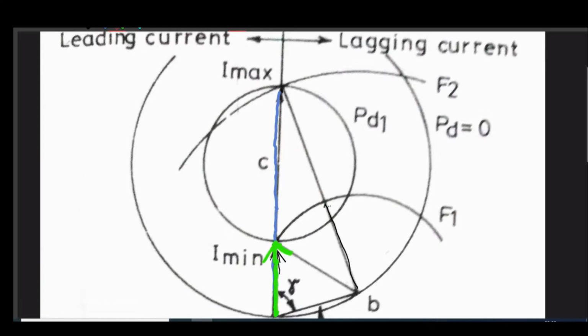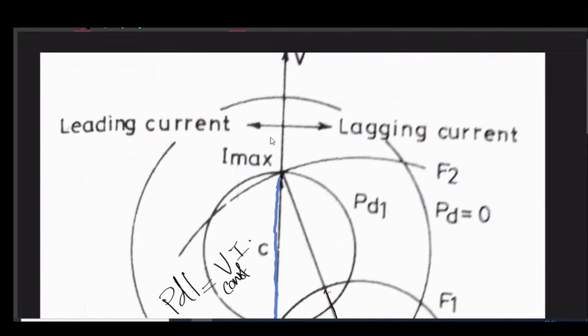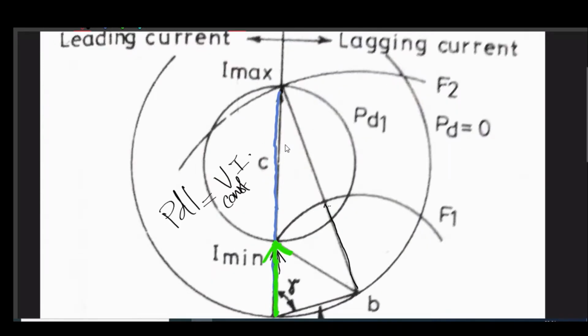So for PD1, your V is constant, right? Now you have I cos theta also constant as per this diagram, because both the currents, I max and I min, are collinear with this V by R. So both the currents are in phase with V, so their power factor is 1.